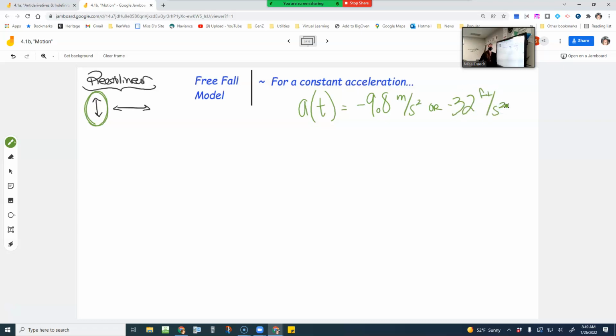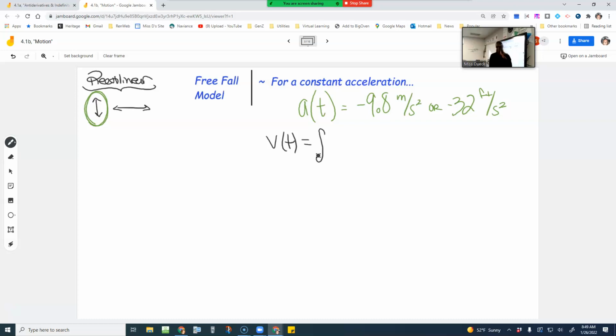But physics people, you ready to see where your formulas come from? All we need is what gravity is. And as soon as we have what gravity is, we can get all of our free fall velocity and position functions by doing the following. We can say velocity is equal to the integral of, Andy, what do you want, meters or feet? Negative 9.8 or negative 32? Meters?